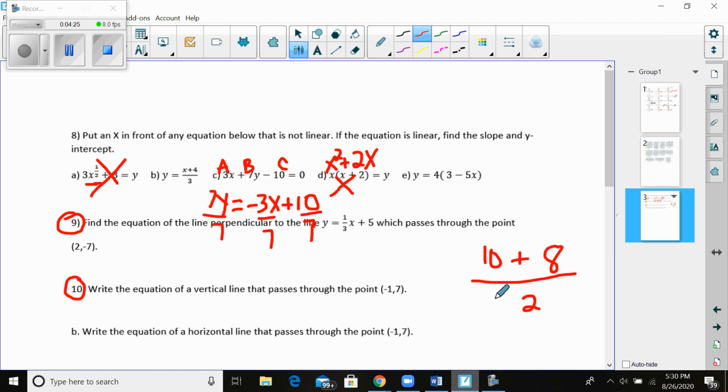Okay, so this is called trying a simpler example to verify something is true in a harder example. So in this case, my slope would be -3/7.